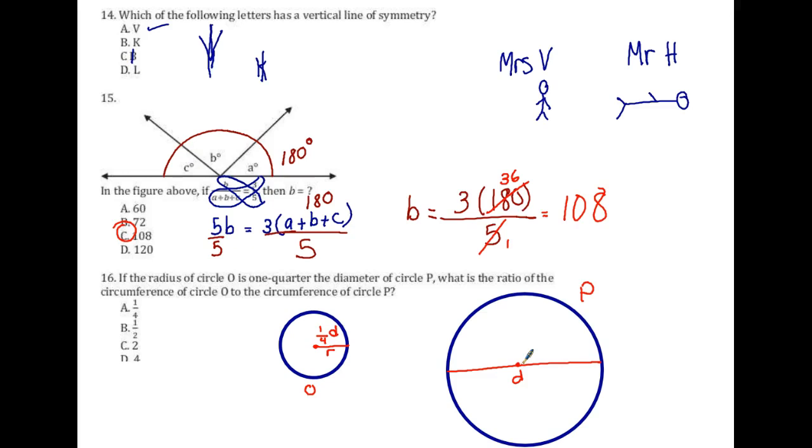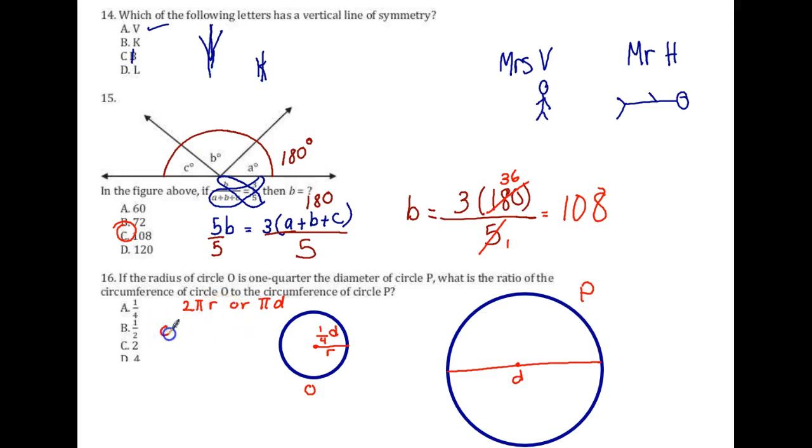So, what is the rule for the circumference? Circumference of a circle is 2 pi r, or pi times diameter. Okay? So, we need the ratio of the O over the ratio of P.